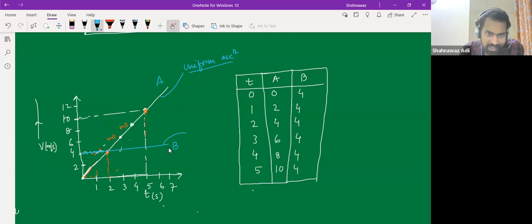So you can see that in this graph, is velocity changing or what? Velocity is not changing. So if velocity is not changing, acceleration would be zero. Acceleration is change in velocity. If velocity is not changing, which means that acceleration is how much?